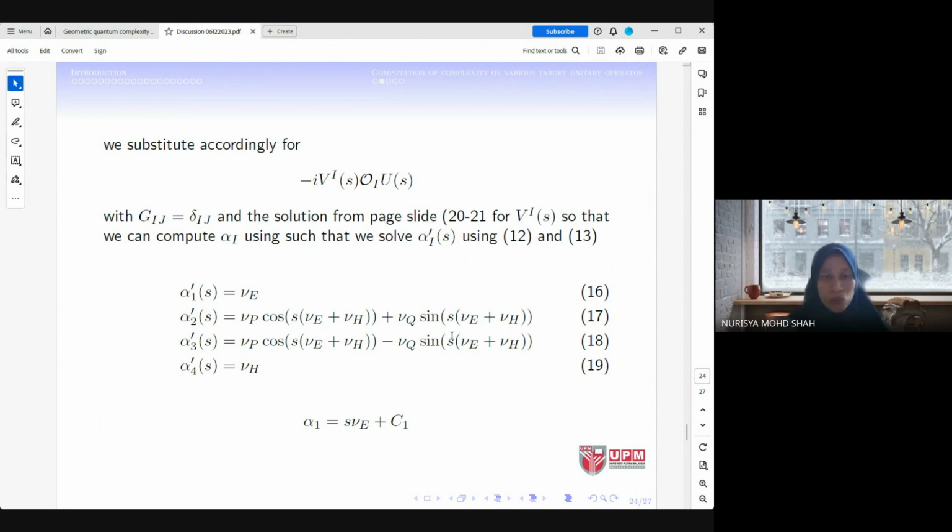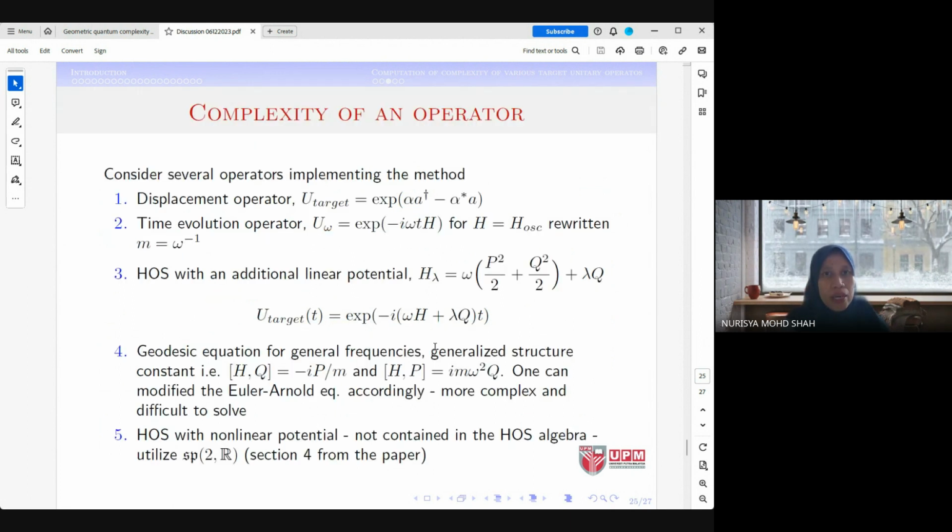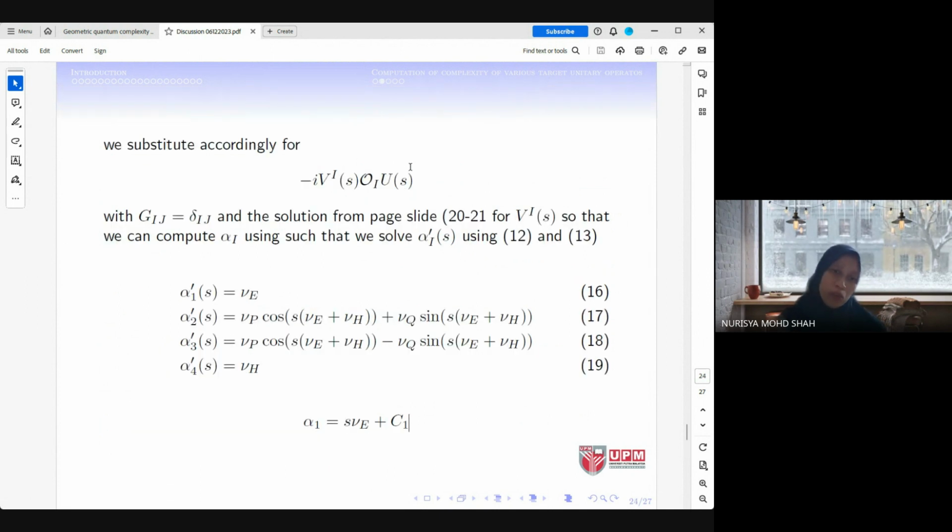I just managed to put it here. It's from page 12, okay? Maybe later on I will share the paper if you want to see them. Okay, so what's next? We look at the complexity of an operator. So somehow or other we have all the methods that we're going to use.